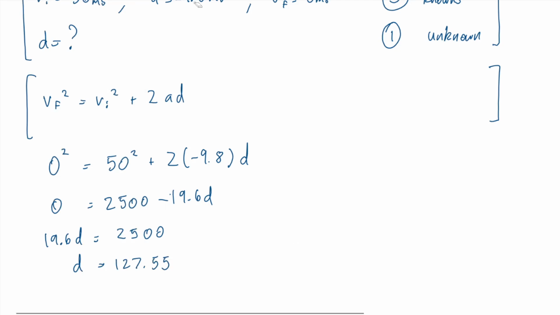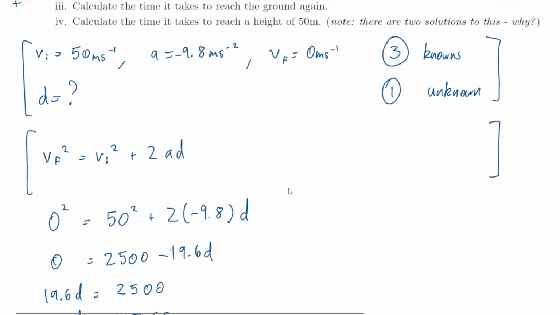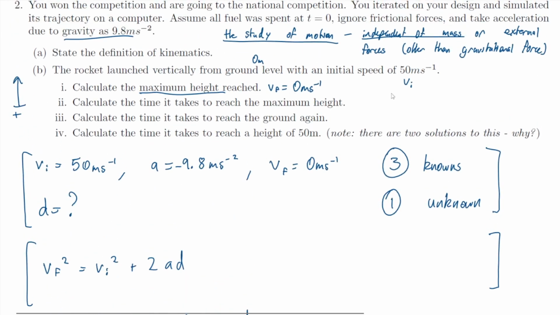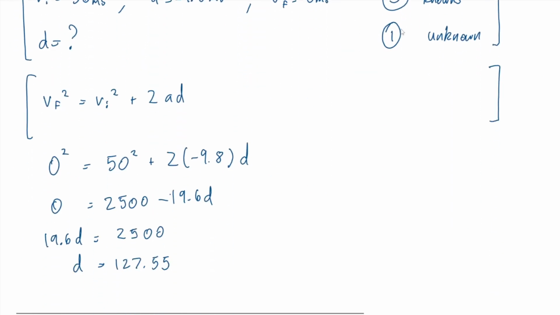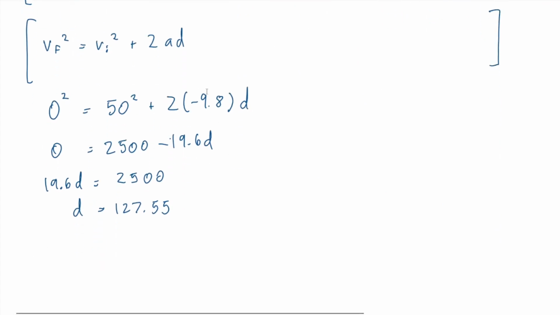Now in physics and science, we do need to round our final answer to something sensible. So we were given initial speed of 50 meters per second, which has one significant figure, so we will round our final answer for distance to one significant figure.